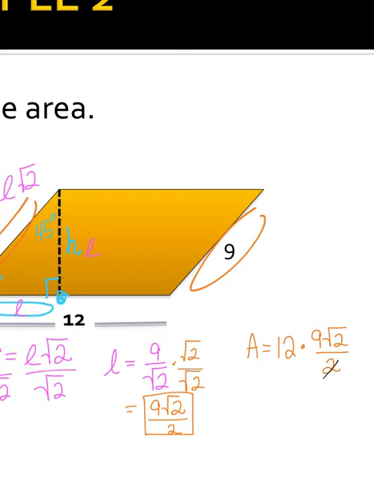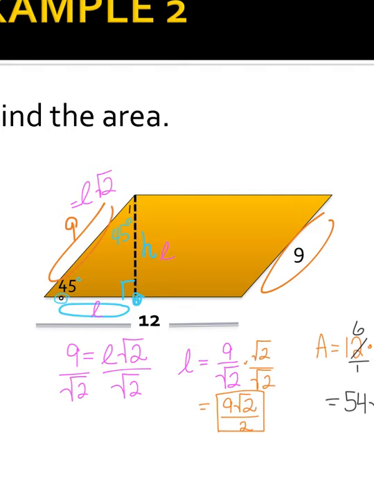I can cross cancel if this is over 1. That's 6. I get 54 square root of 2, and I have no units, so I could just write a little lowercase u and square it. Remember, most of the time we are going to want your answers to be exact, so don't approximate.